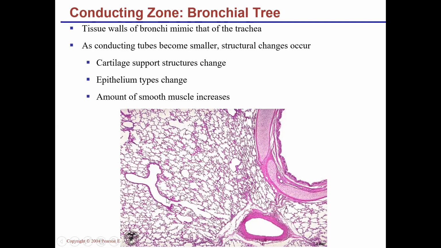You don't see any alveoli attached to it. So this part probably is the terminal bronchiole. And then from here to here, this transition is the respiratory bronchiole, and then it connects to the alveolar duct.